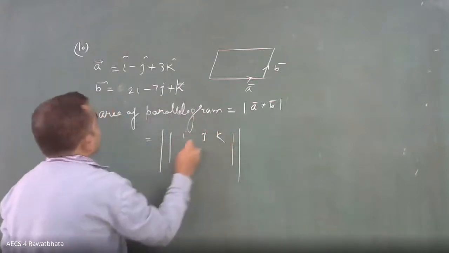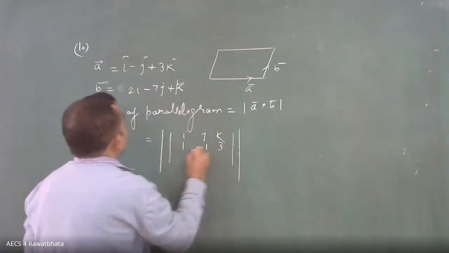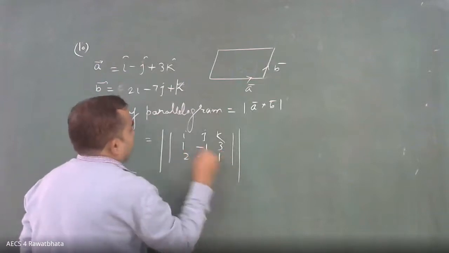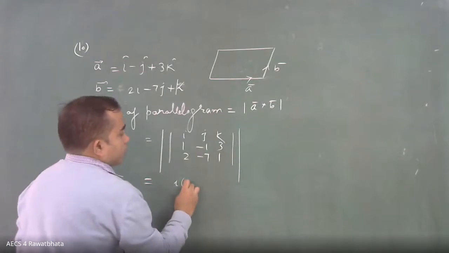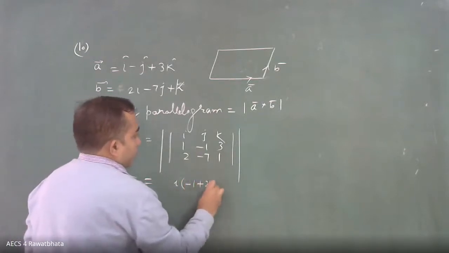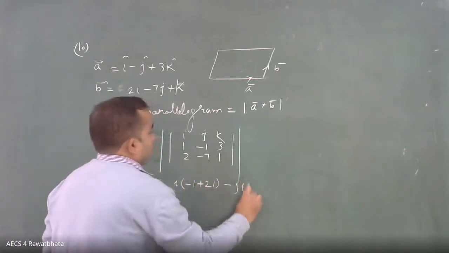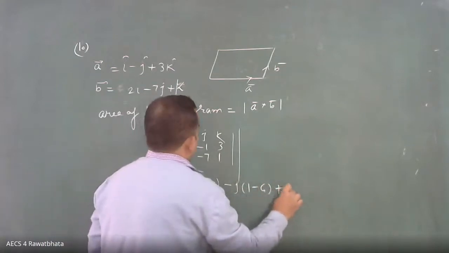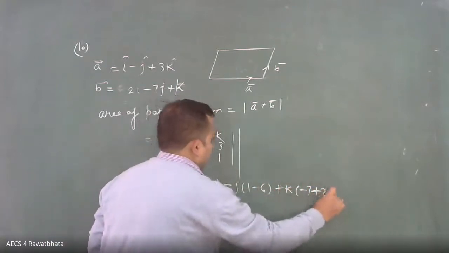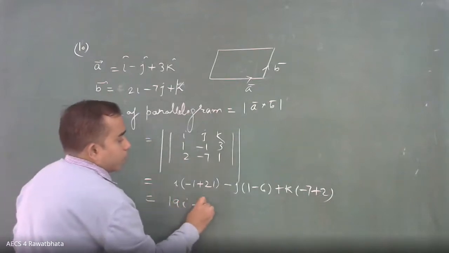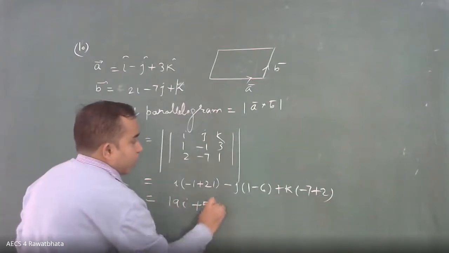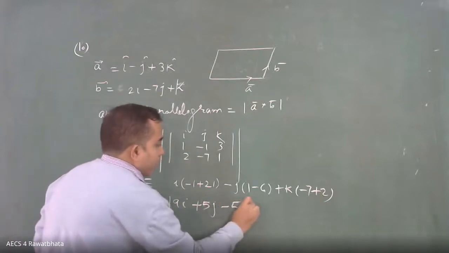i, j, k cross product is given by a determinant 1, minus 1, 3, 2, minus 7, 1. And this will be i times minus 1 plus 21, minus j times 1 minus 6, plus k times minus 7 plus 2. And this is going to be 19i cap plus 5j cap minus 5k cap.